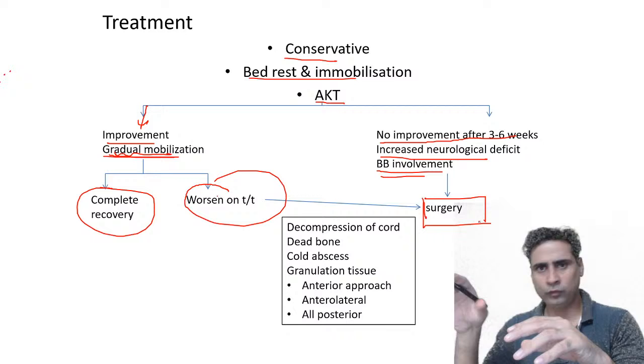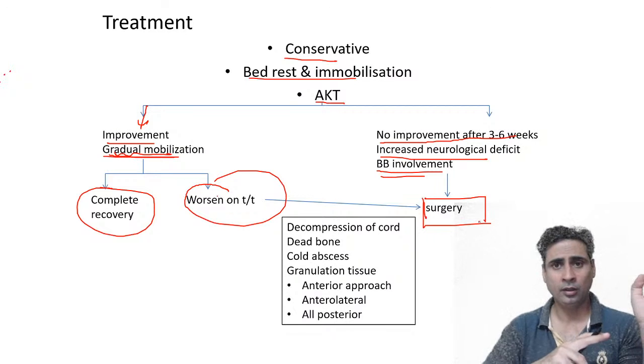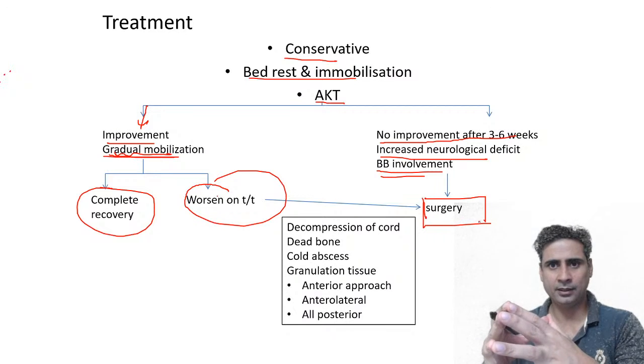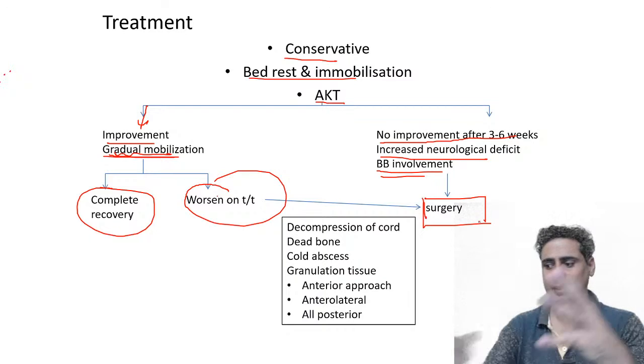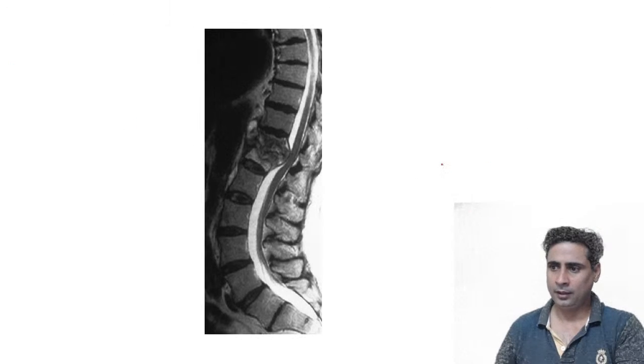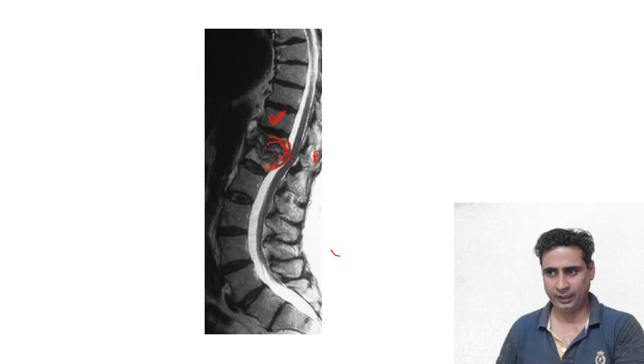And surgery is indicated both for Pott's paraplegia or Pott's spine without paraplegia. The basic idea of surgery is the same as you have seen. This is the vertebral body, this is MRI, this is the vertebral body, and this is the posterior element. The compression is from the anterior side. So there is compression of the spinal cord from the anterior side.